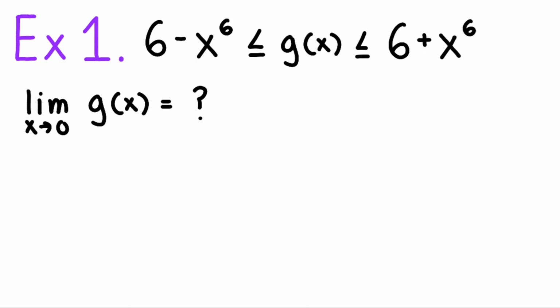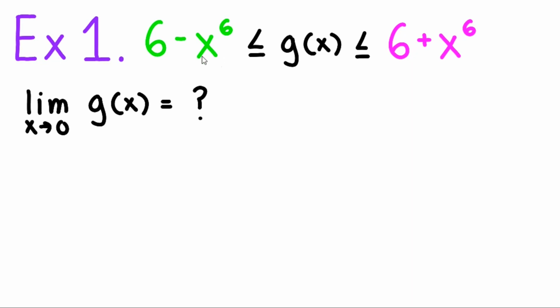So to start, to solve this, we first take note that if we only focus on g of x, we can't really obtain anything since we don't have a value for this g of x. We don't know its corresponding expression. So what we can do instead is use this and check the limit on the left and on the right, and hopefully we'll obtain something nice.